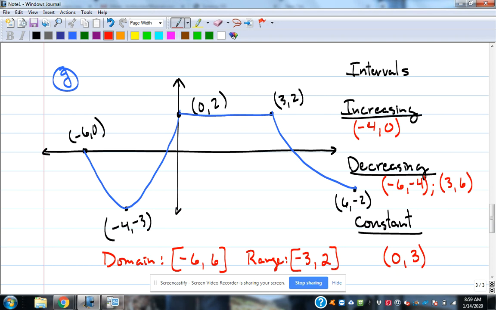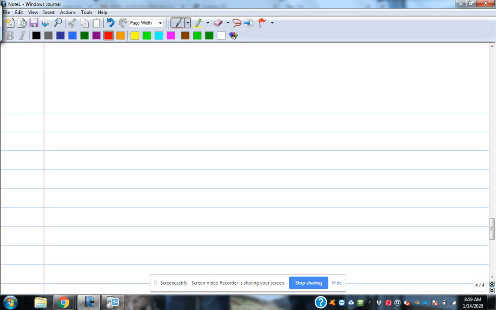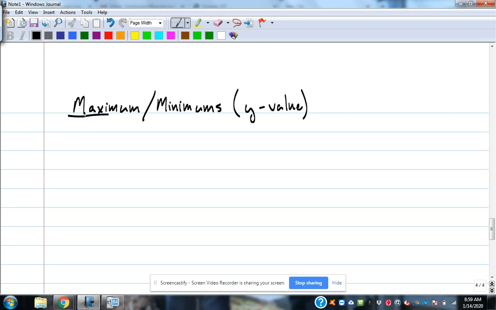All right. So next thing is talking about maximums and minimums. When we talk about maximums and minimums, we're talking about the y values. There are local maxes and local minimums.